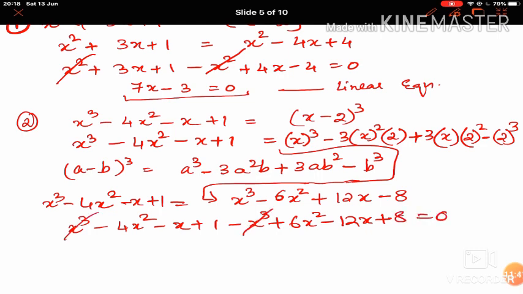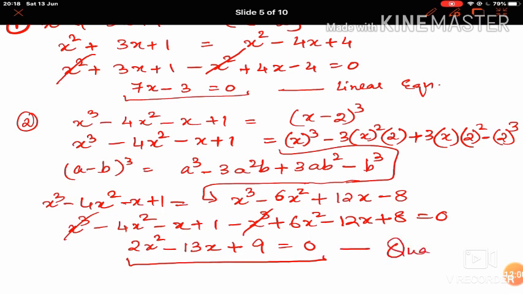Now the cube term will cancel, adding all of the like terms. So 2x square minus 13x plus 9 is equal to 0. So this is now a quadratic equation.